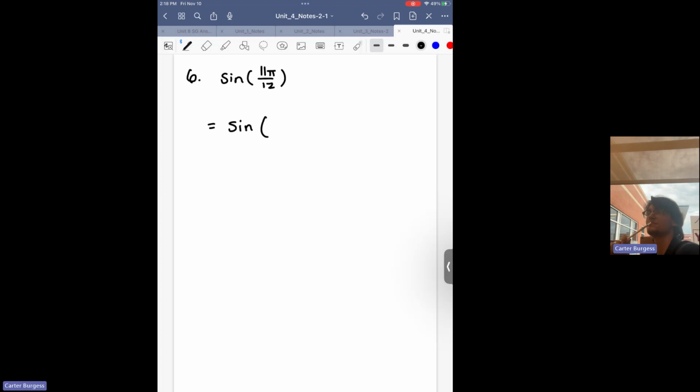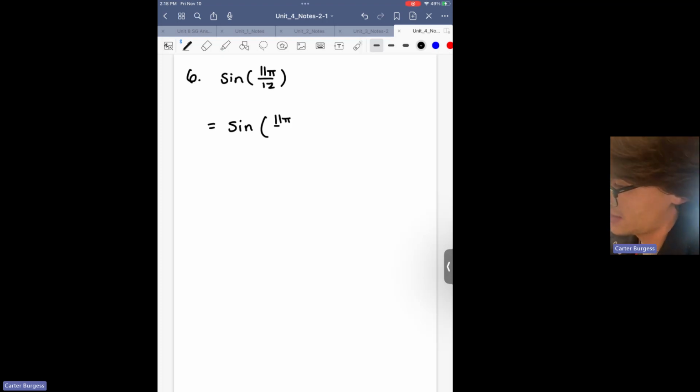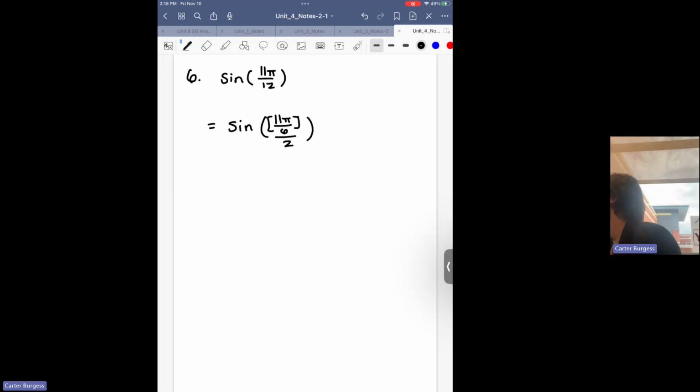What's double 11 pi over 12? Well, that's going to be 11 pi over 6. And we're taking this and dividing it by 2, multiplying 2 into the denominator. 11 pi over 12 is half of 11 pi over 6. The denominator is twice as large, therefore the value is half.